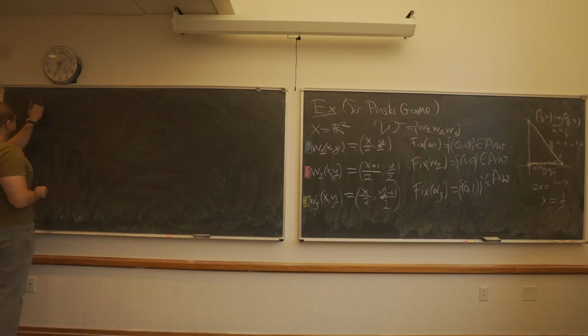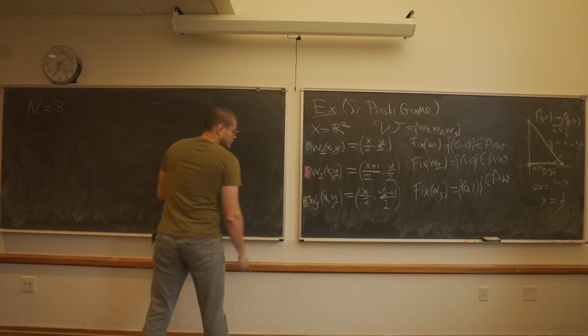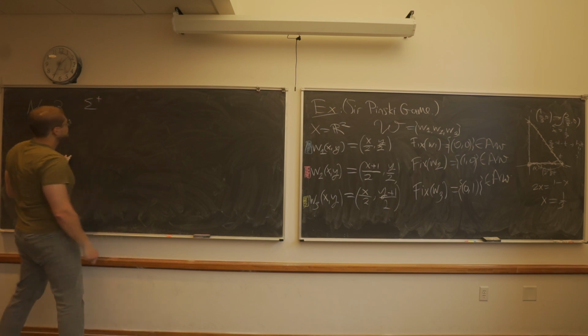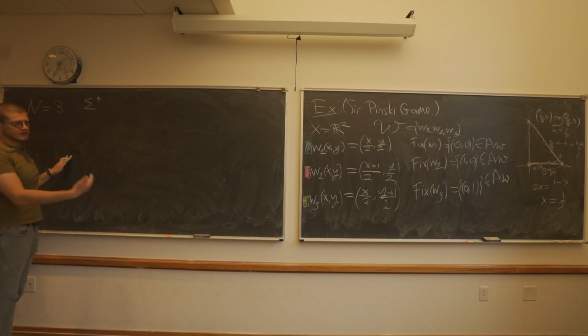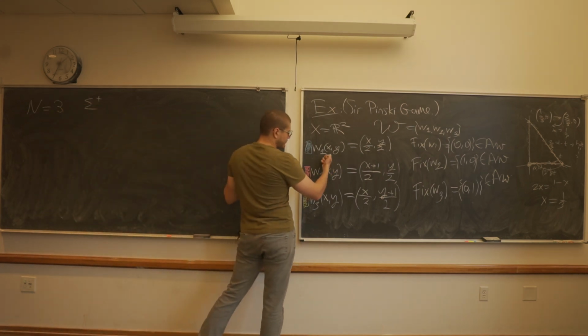So capital N in our notation is 3. I have 3 iterated functions, 3 contractions. So my shift space is a space consisting of all those sequences that have as entries 1, 2, or 3.